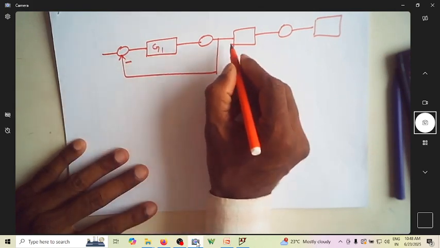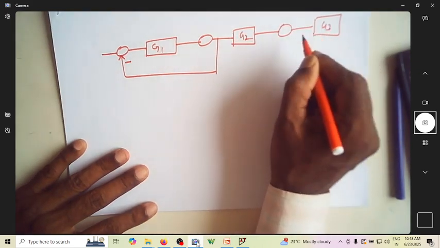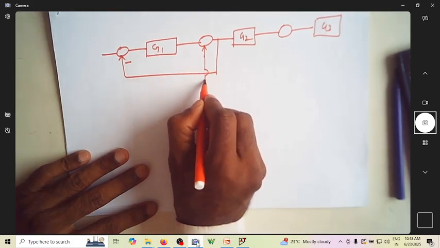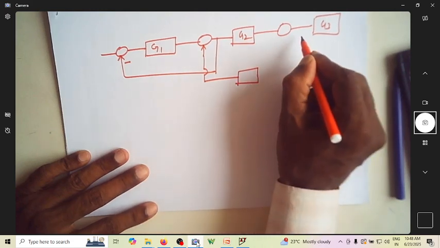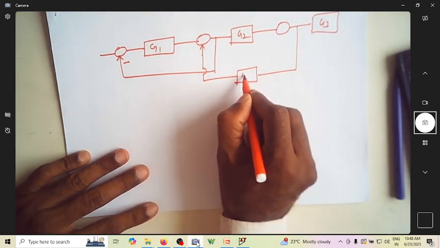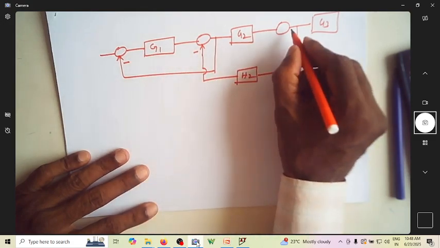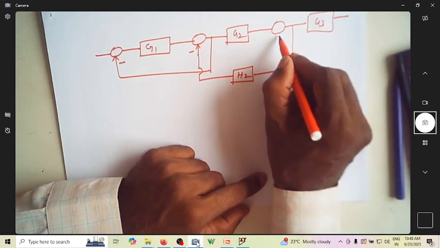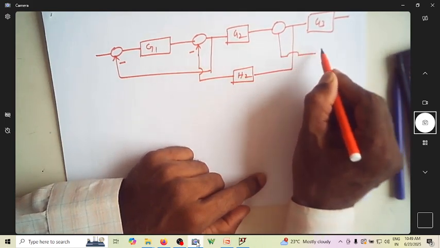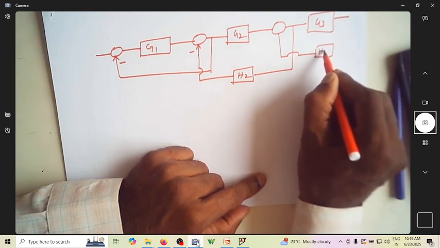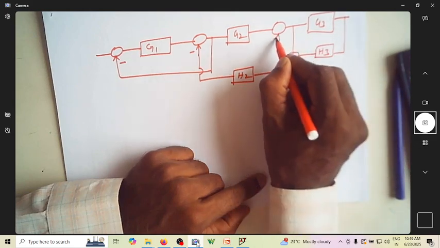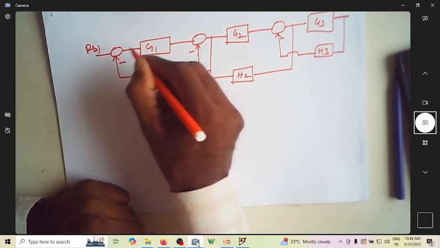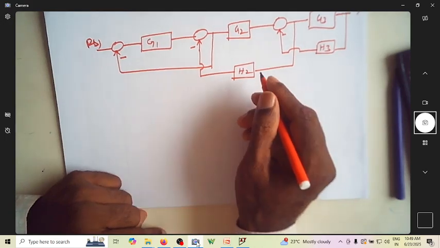This is V1, V2, V3, and assume that this is some H2 minus, and this is some H2. So this is R(s), this is C(s).